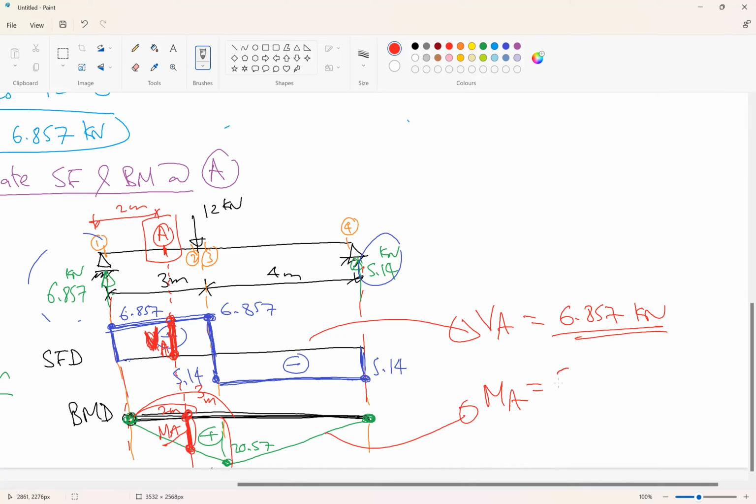So MA will be 2 over 3 times 20.57 kilonewton meter. So the moment is 13.71 kilonewton meter.